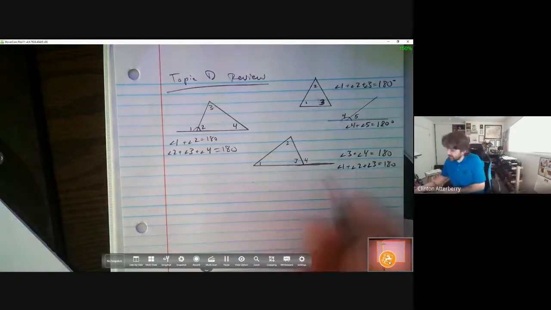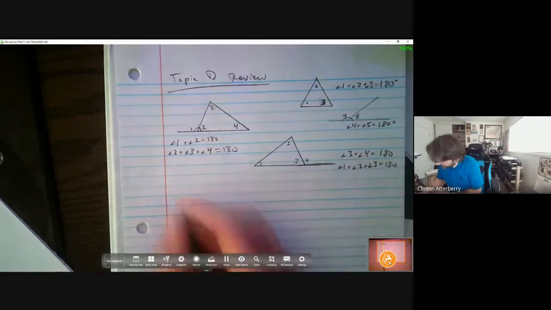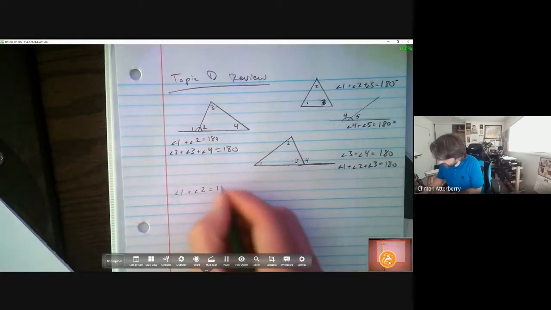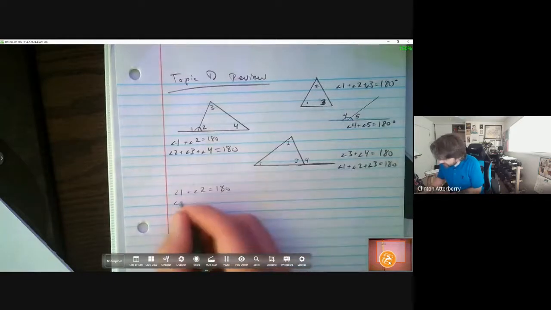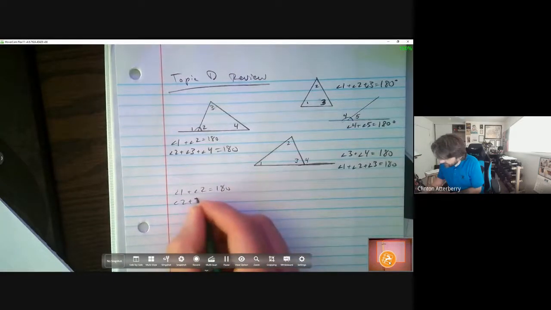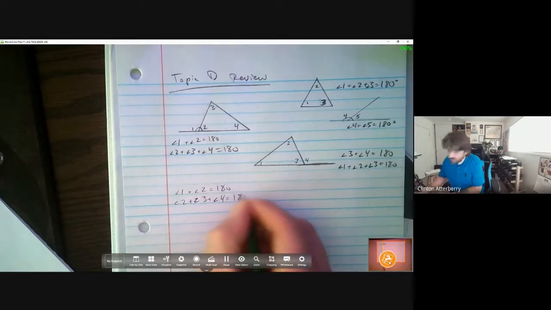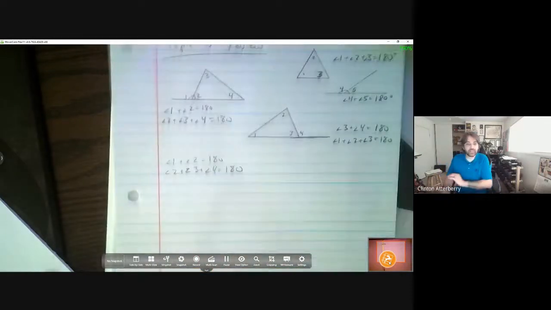Let's take a look at this little guy right here. I've got angle 1 plus angle 2 equals 180. And I know angle 2 plus, I know I'm rewriting it a million times, but follow me here. It's that math teacher thing, right? Write the same thing a million times.